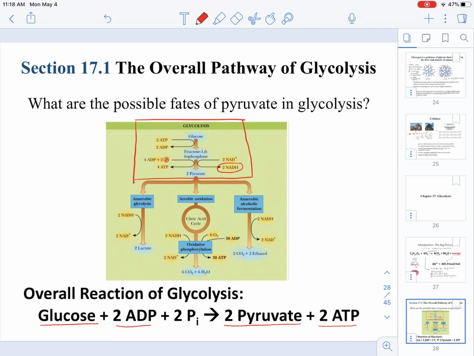So if we don't have oxygen, then the fate of those pyruvate molecules that were synthesized in the process of glycolysis is going to be either formation of lactate, which we have on the left side of the figure, or we're going to have alcoholic fermentation.